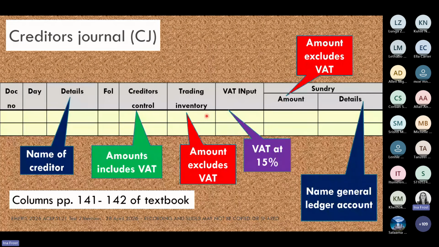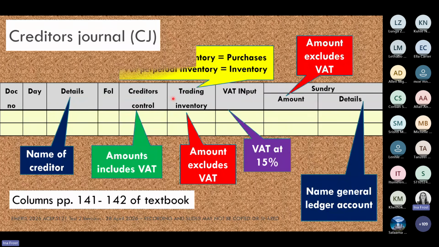This column here is called the trading inventory column, but that will only be the case if the business uses perpetual inventory. If they use a periodic inventory, we're going to change the column name to purchases. But again, if you've maybe joined us late, remember there is a separate recording just dealing with Learning Unit 6 and the two inventory systems.